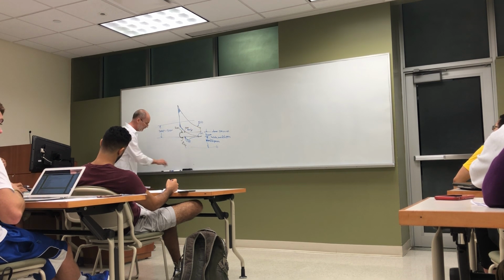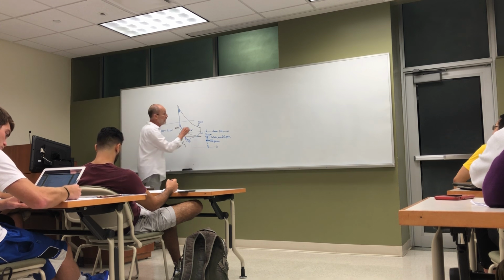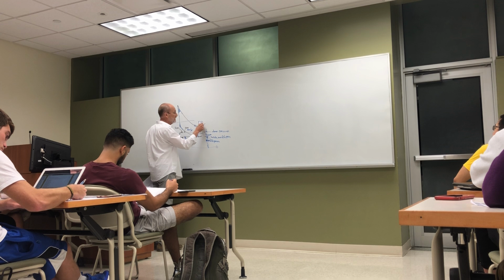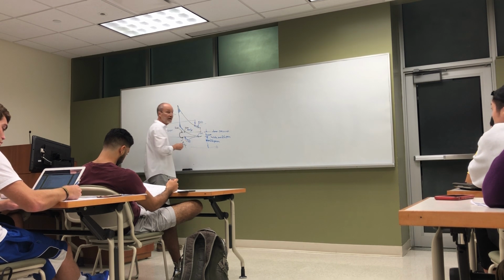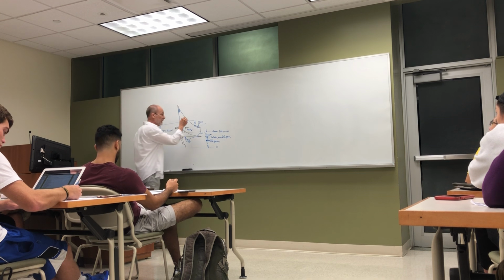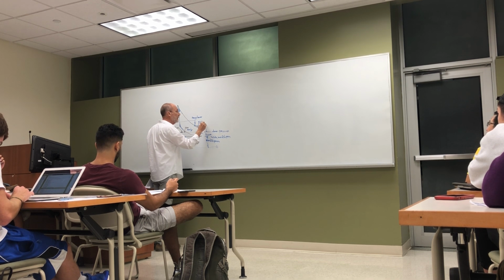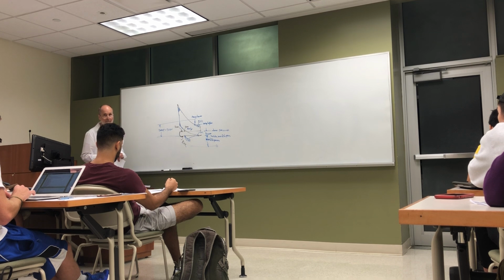What's happening here? The range that we're operating on is like this. And at this point, when it's very early, the temperature is lower, and here, the temperature is higher.